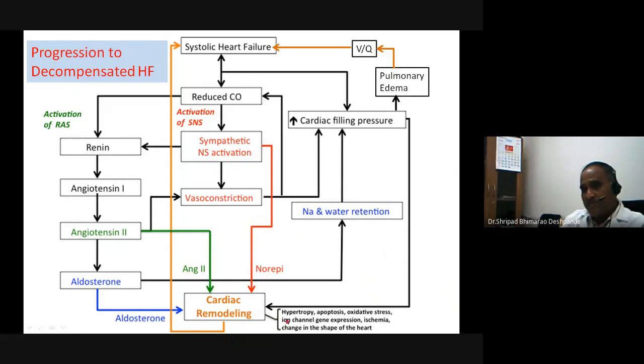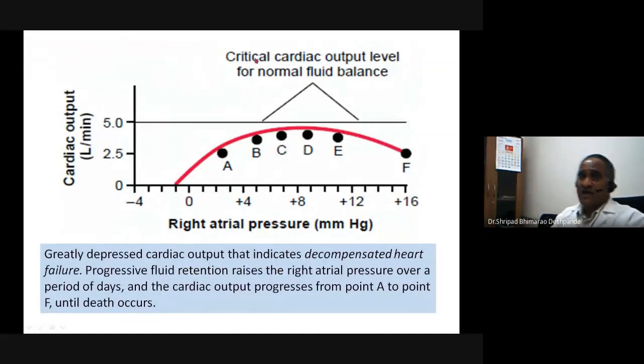Now I have mentioned remodeling. I have already mentioned it's hypertrophy, apoptosis, oxidative stress, gene expression of the ion channels, and ischemia, and all those things happen. That is how you can see this globally in this graph. Now coming back here, I'm just taking the critical stages. You can see type A is the initial stage, then B is a compensated stage, maybe in days.